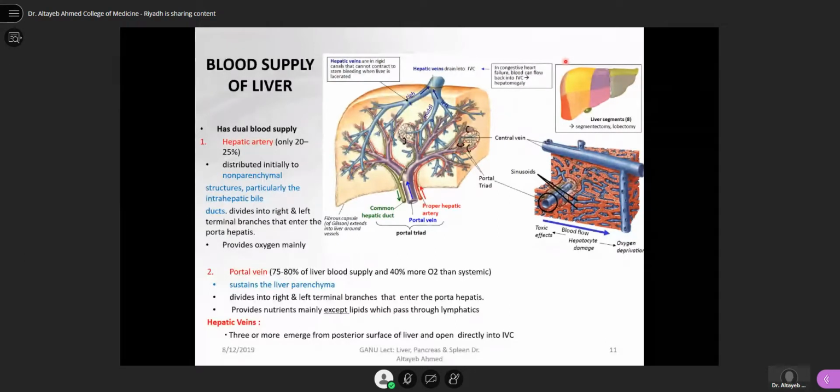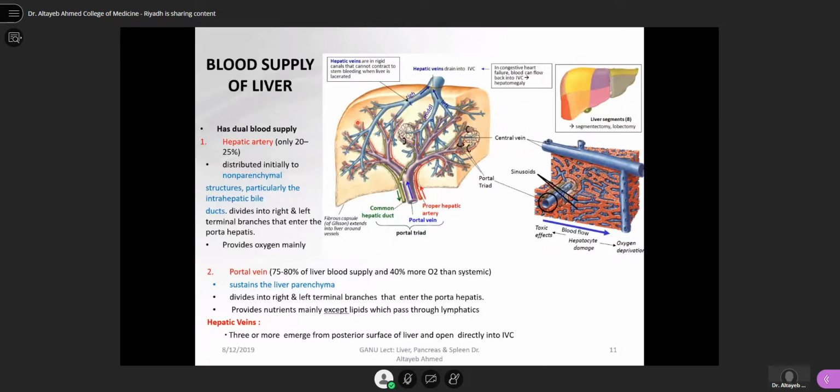Okay, liver, as you will take in histology, is characterized by having sinusoids, and these sinusoids contain what we call Kupffer cells, and the Kupffer cells are very important in protection of the liver against invading bacteria. We have what we call also portal triad, and the portal triad, as you can see, is formed by common hepatic duct, portal vein, and hepatic artery.